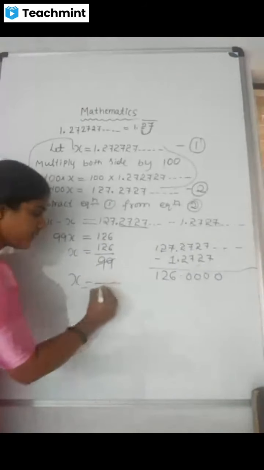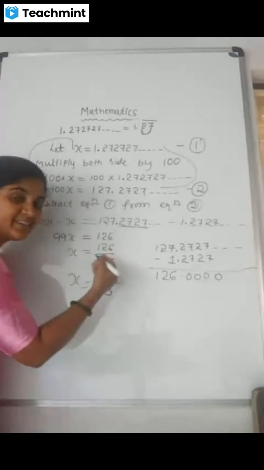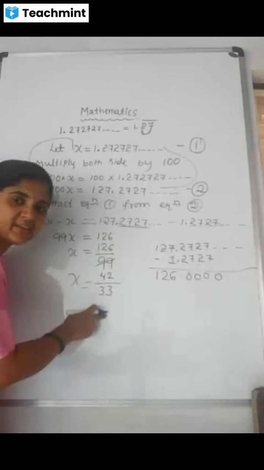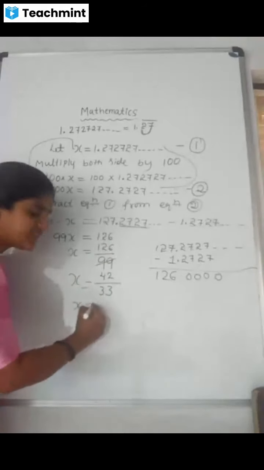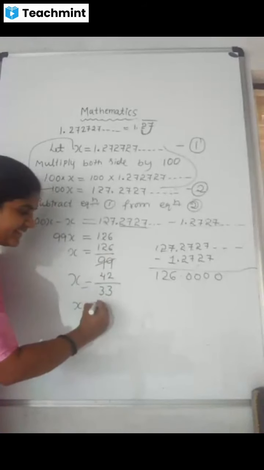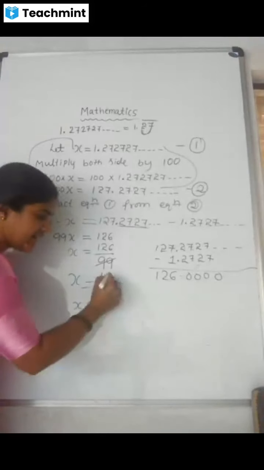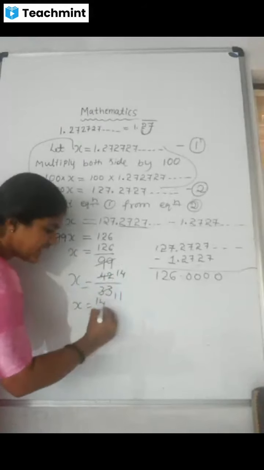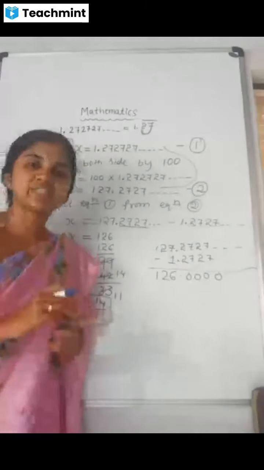Let us take 3 first. What will we get in the numerator? 42 by 33. Can we simplify further? Yes, divide by 3 again. 14 by 11. 3 ones are 3, 3 fours are 12. 14 by 11 is the simplest form.